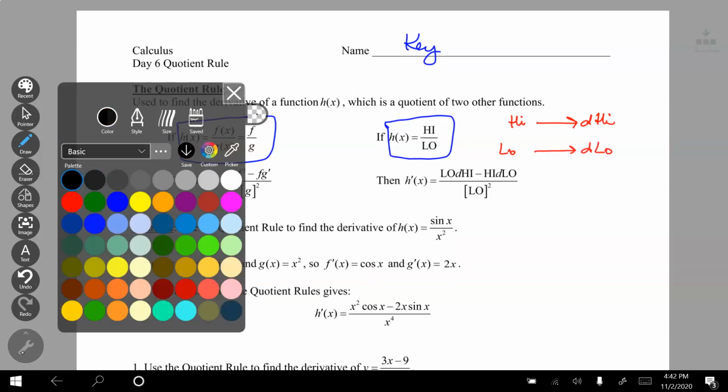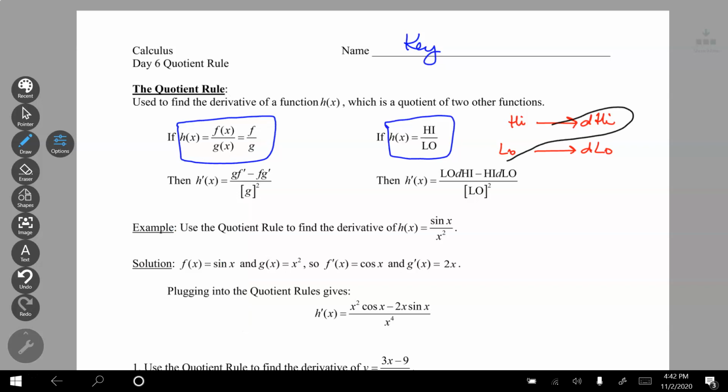And when I do my crisscross, I have to do this way first. The lower left to the upper right must be first, and then I set it up this way, and you see, if you look at it, it's the denominator times the derivative of the numerator minus the numerator times the derivative of the denominator.